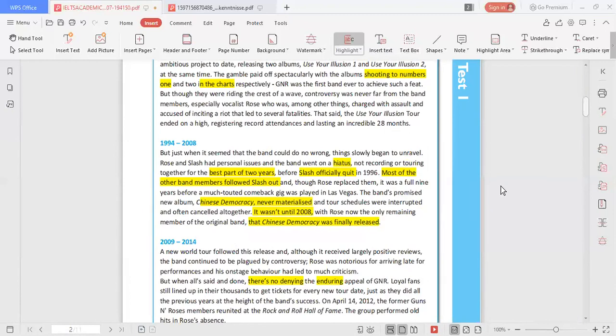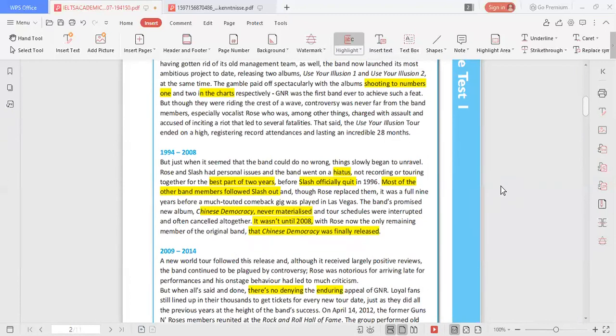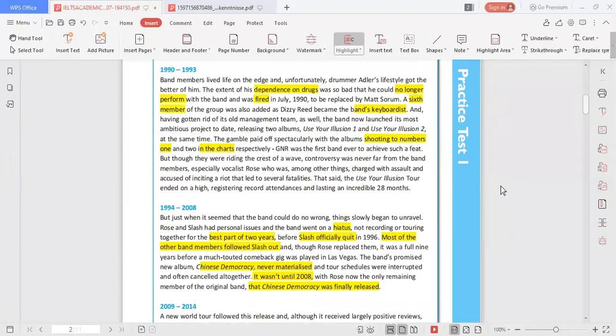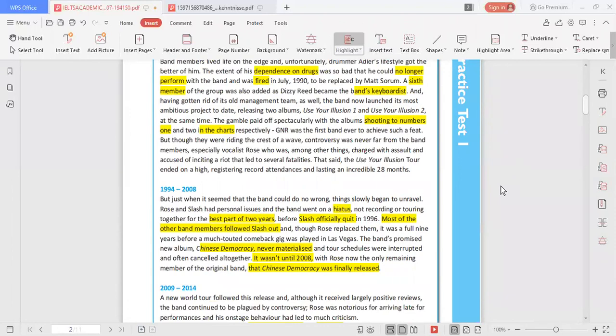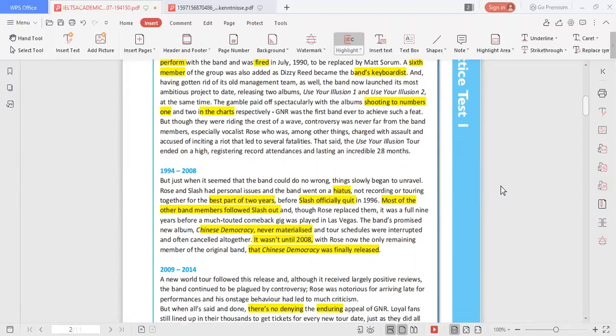Okay, so you see how the questions can be. Don't worry if you feel you're reading and you're not coming across the words and you feel you missed out something. It is possible that your answer is hiding very far away from where you left off to answer the previous question. So don't worry, keep on going until you hit the word or the synonym, okay?